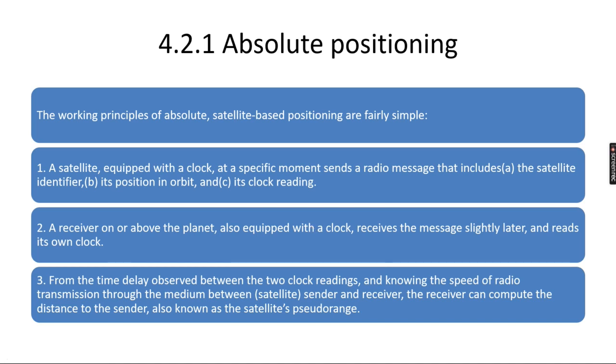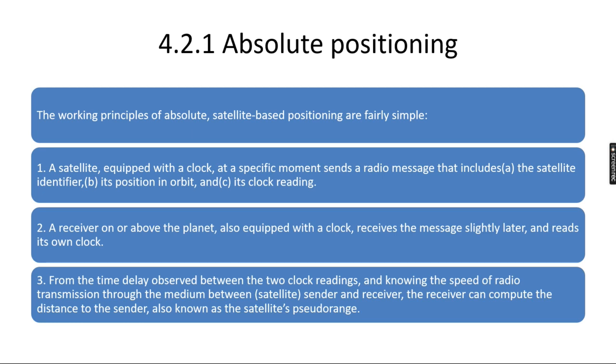Then absolute positioning. Absolute positioning means we are working on the absolute positioning technique, which is actually very simple. Here a satellite is equipped with a clock, and at a specific moment sends a radio message that includes the satellite identifier, its position in the orbit, and the clock reading.